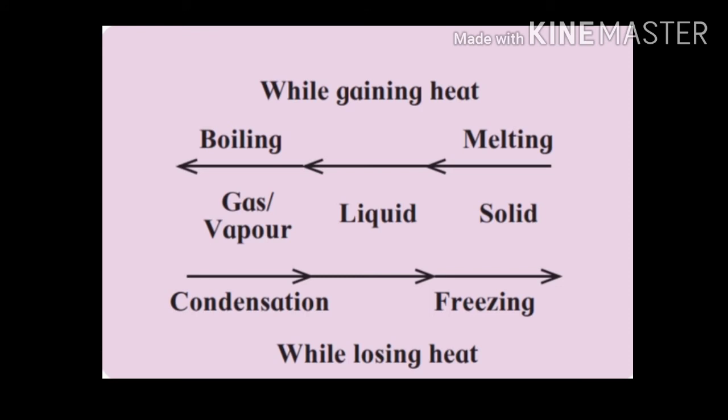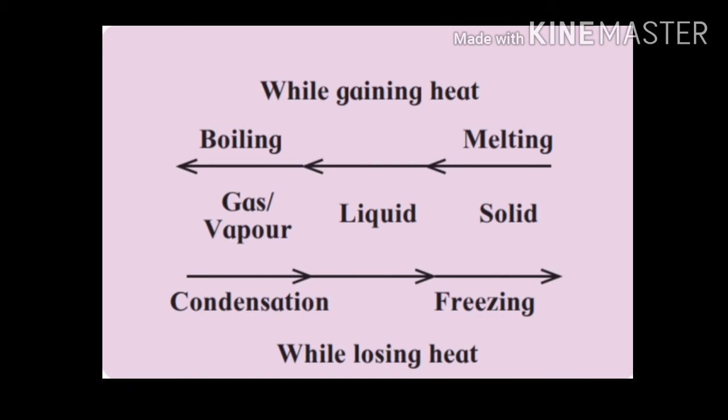Now see the above flow chart. To explain this flow chart, let's take an example of ice. When we take a piece of ice and keep it at normal room temperature, it starts melting. So that is, a solid gets converted into liquid.